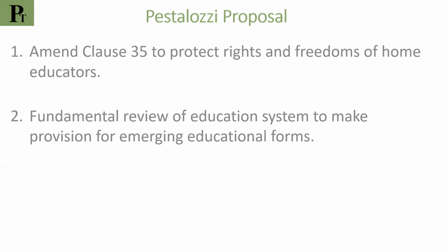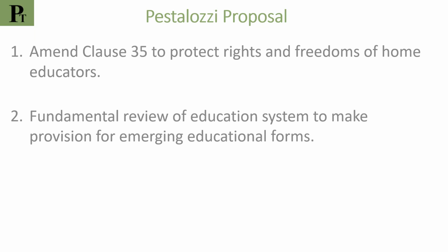But we also advise that Parliament considers a fundamental review of the whole education system to make better provision, not only for home education, but also for many new emergent educational forms.